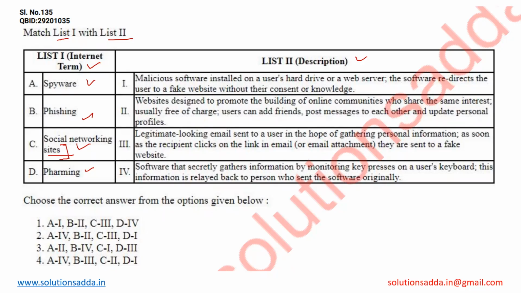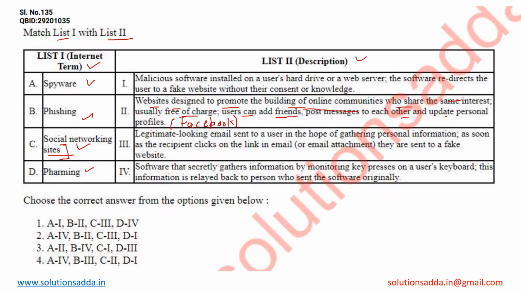The description that matches social networking site, I think, would be this one: website designed to promote the building of online communities who share the same interest, usually free of charge. Users can add friends, post messages to each other, update personal profiles. All these features we can get in a social networking site. I think one example is Facebook, in which we can create online communities, and connect with our friends, family, etc.